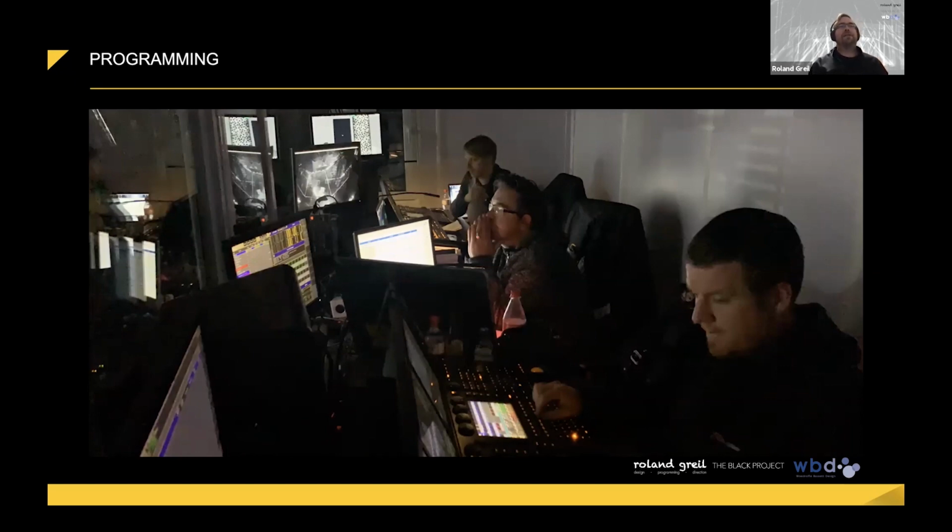But ultimately, this is what I say from the get-go: if you create an efficient workflow, and if you've done your homework right, it will make sure that you can either be home in your cozy hotel bed earlier and not spend too much time in this cold container, or it gives you more time to really work with your rig and to really create some magic.